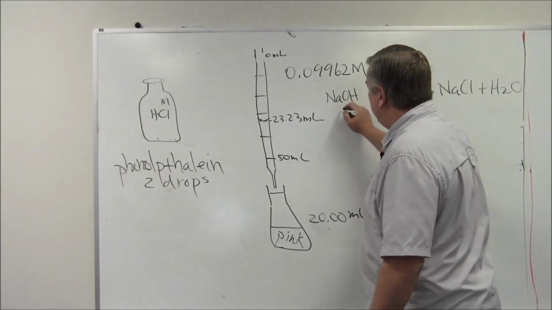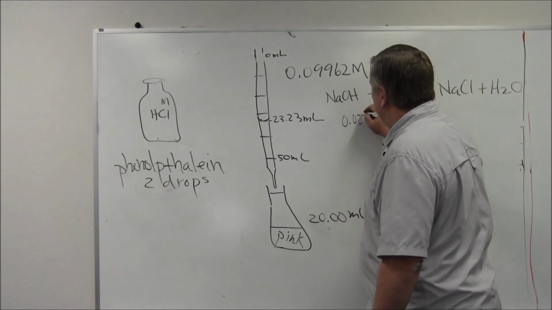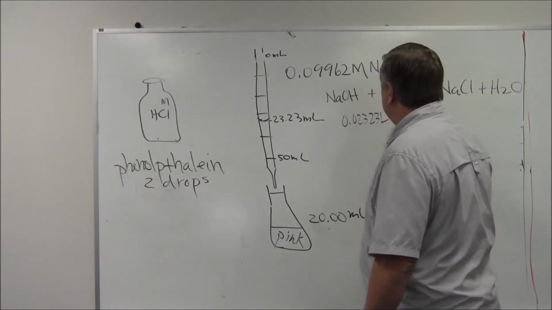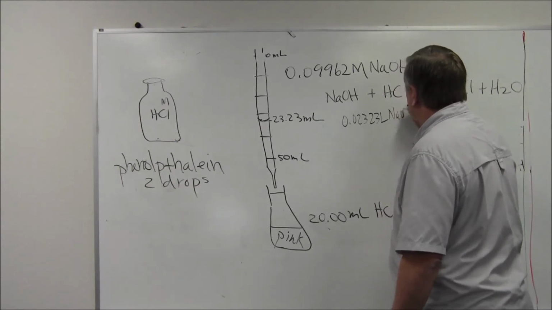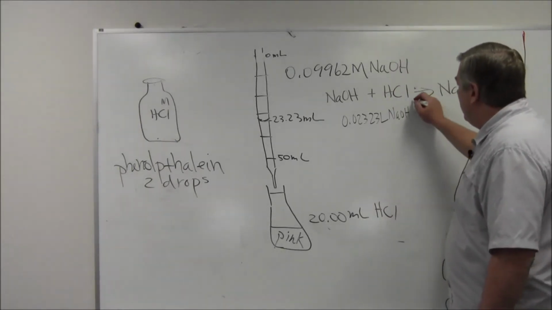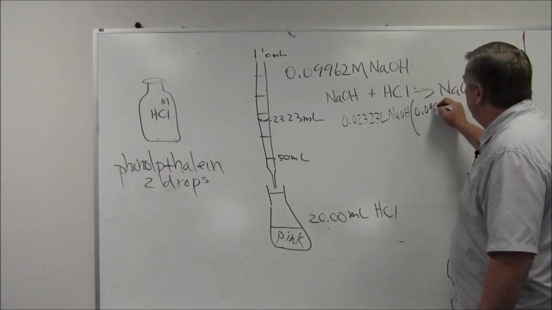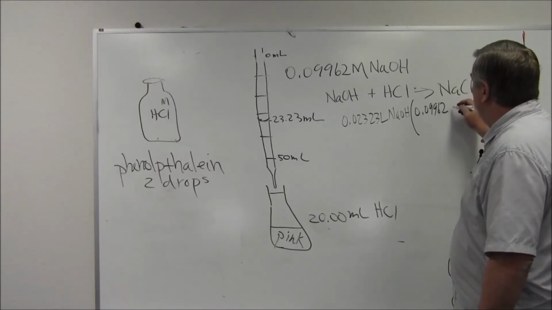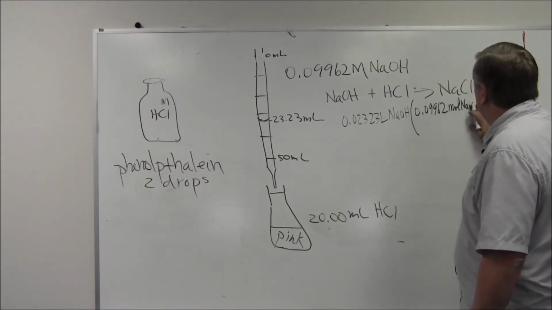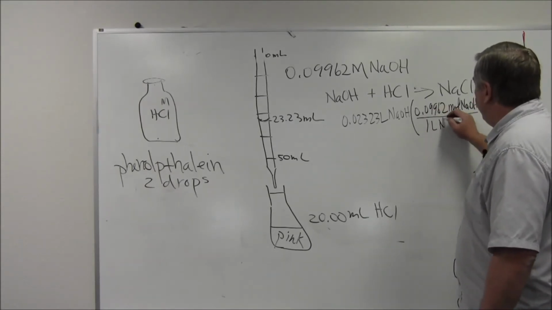So divide that by 1,000, and we get 0.02323 liters of sodium hydroxide. Okay, there's our volume of known in the burette times its known molarity, 0.09962 moles of NaOH per 1 liter of NaOH.